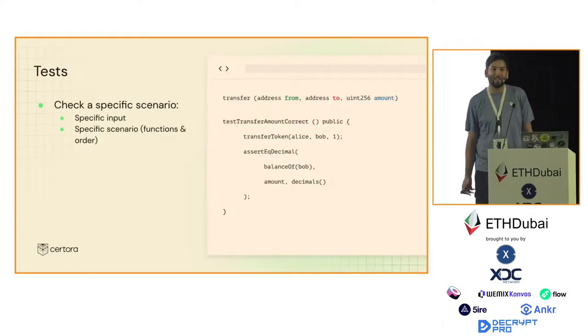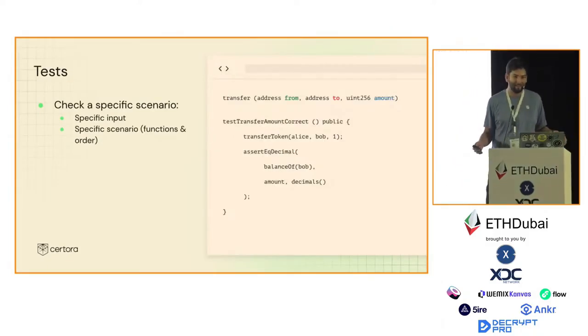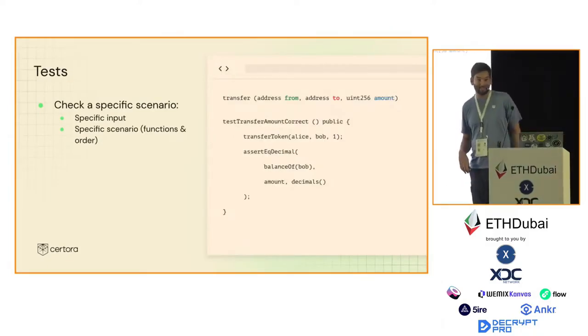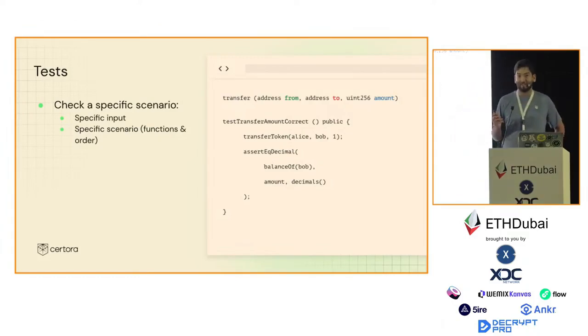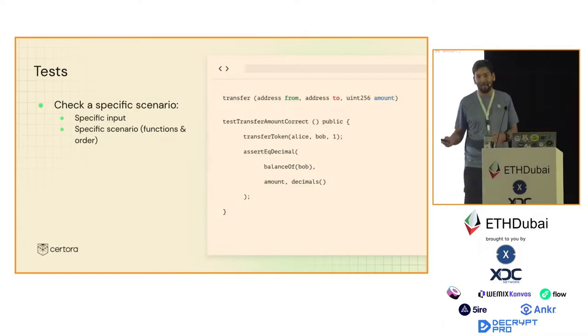At first, we'll start by explaining what tests are. It's just to set up the discussion. Tests are the first line of defense that you have against bugs in your smart contract code. In this presentation, we'll take as an example a transfer function that gets 3 different parameters, 2 addresses and an amount.